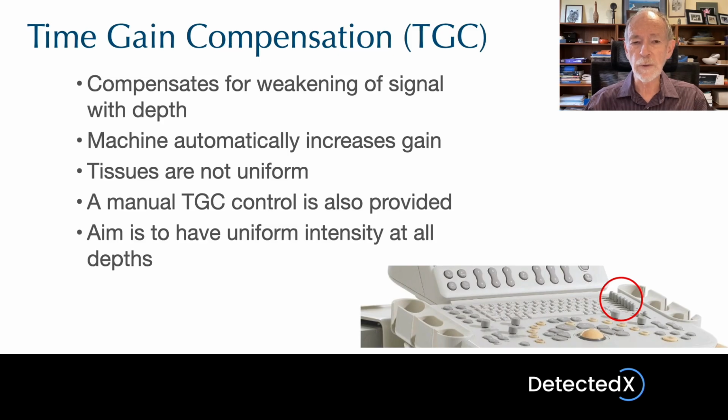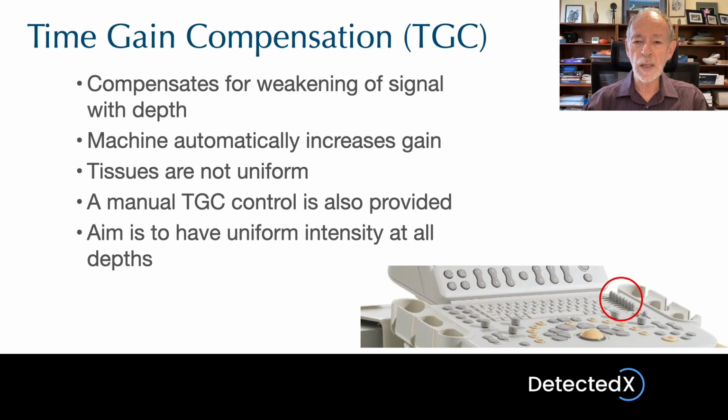Sliding these to the left reduces the gain, sliding them to the right increases the gain. Each slider corresponds to a different depth. So the top slider would be varying the gain in the most superficial tissues. The bottom slider would be varying the gain in the deepest of tissues.